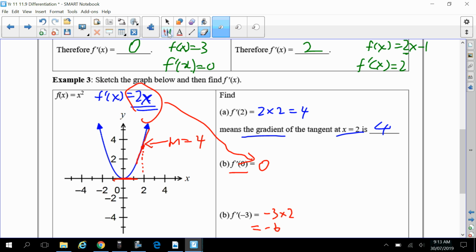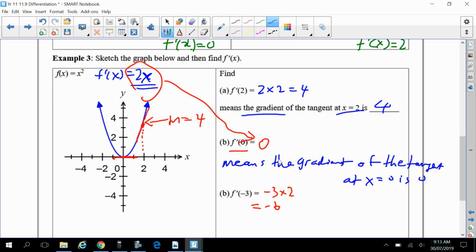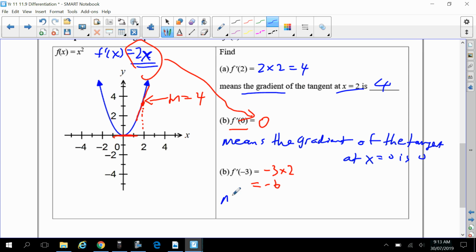So you say, it means the gradient of the tangent at x equal to 0 is 0. Write it down. Then you can remember. How about the next one? It means the gradient, again, how do you learn a new word in English? Writing it in a sentence.